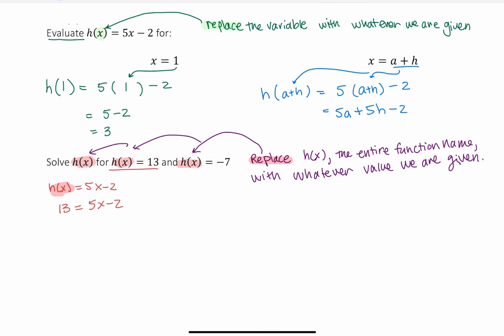So replace the entire function name with whatever value we are given, then solve for the variable. And really what that means is isolate the variable, get it by itself. That's what we mean by solve.